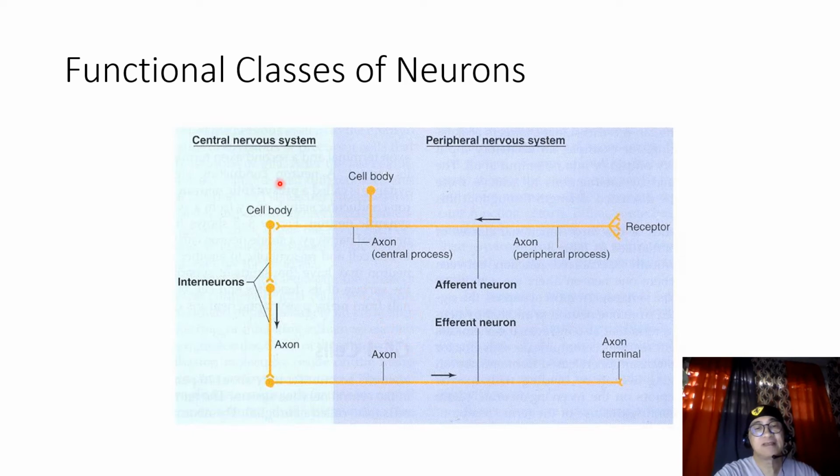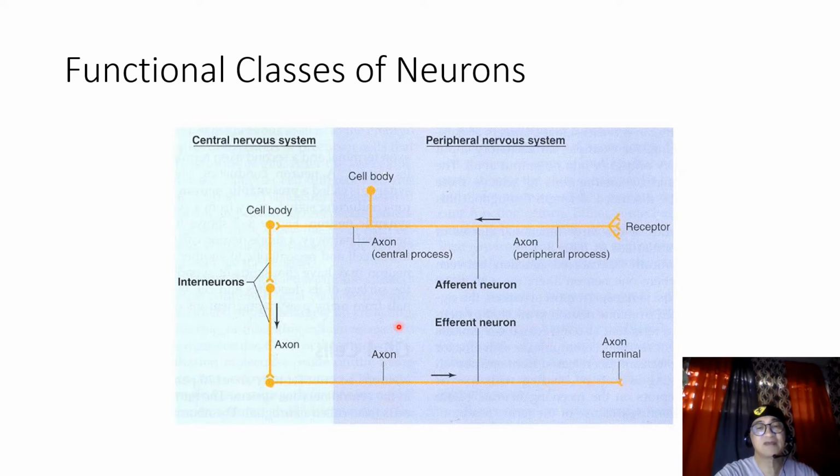The efferent neurons have their cell bodies and a short part of their axons in the central nervous system, but the longer part of their axons lies in the peripheral nervous system, where they terminate in specialized contact points with muscles and glands and other neurons, which we also call synapse. The endings of their axons are also known as axon terminals.